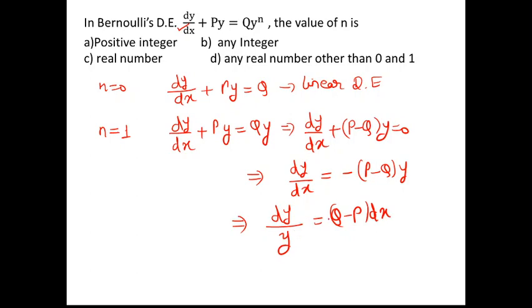So this is a variable separable form which can be solved easily just by integrating. So these are the reasons why in Bernoulli differential equations the value of n should be other than 0 and 1, because for these values we have some other options, right? No need of applying the methods to solve the Bernoulli differential equation. So option number D is the correct one.